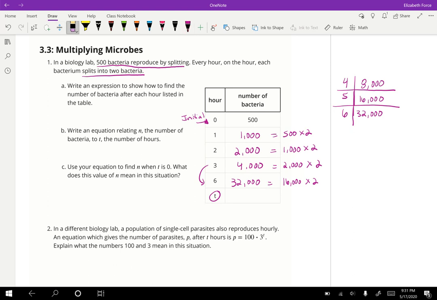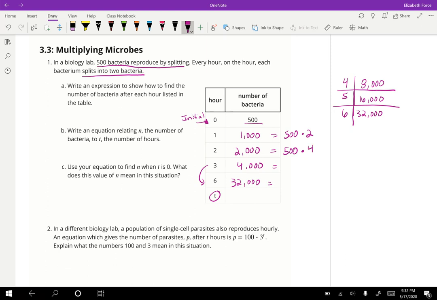So I'm going to erase this and rewrite it. But I'm going to rewrite it all based off of the initial amount of 500. So how can I get 1,000 using the 500? Well, that's kind of easy. 500 times 2 is going to give me 1,000. But how can I get the 2,000 using the 500? What did I multiply 500 by to get me 2,000? 4.